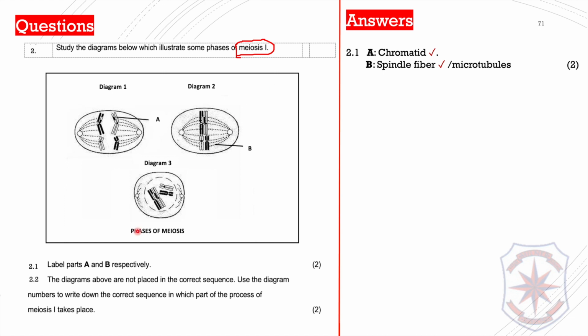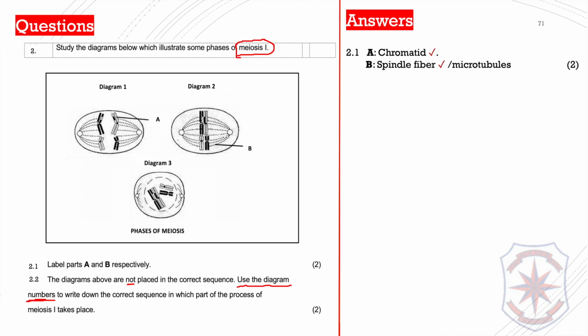Question 2.2. The diagrams above are not placed in the correct sequence. Use the diagram numbers to write down the correct sequence in which the part of the process of meiosis 1 takes place. Okay? They say there, use the diagram numbers, not the names of the phases.